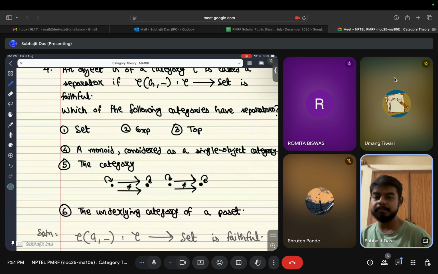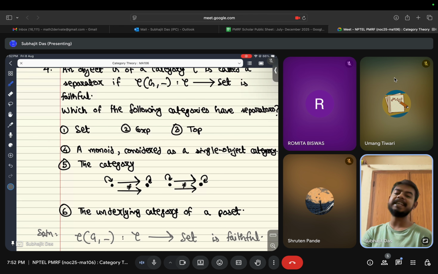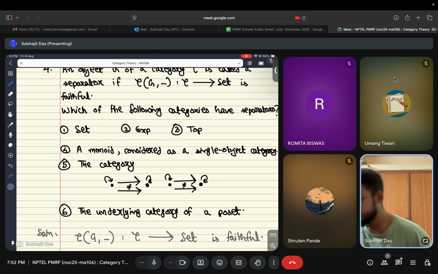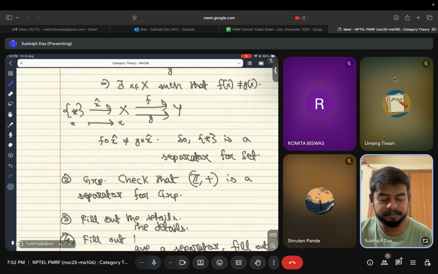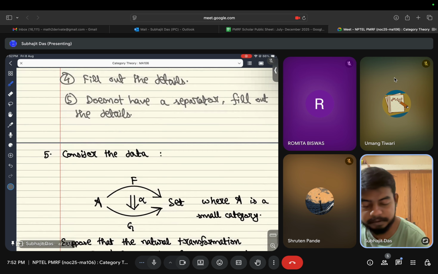In fact, you can say something stronger: a poset is a thin category, which means that there is at most one arrow from an object X to an object Y. So all objects are essentially, or vacuously, separators. So that is six.